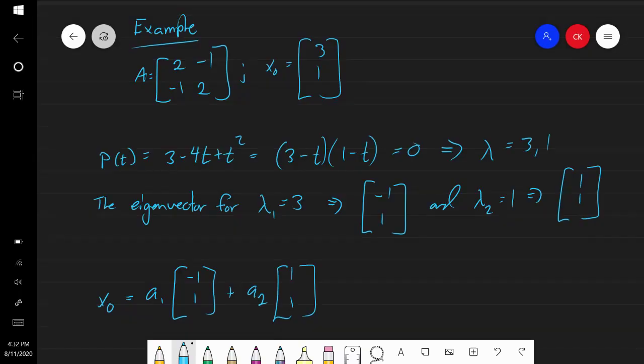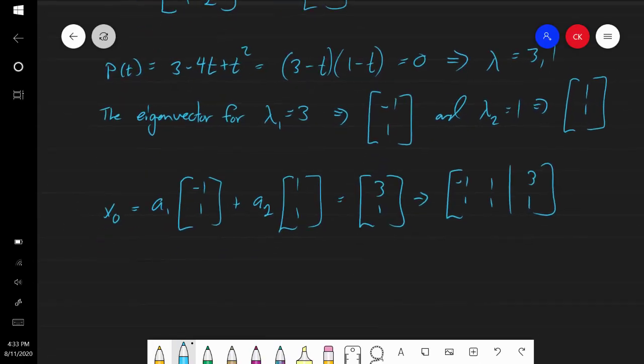And we could probably do this by inspection, but of course we can also go ahead and make an augmented matrix out of this and just solve it. (-1, 1) and (1, 1), and we want the solutions here. And when you do that, you end up with a couple of constants out of it.